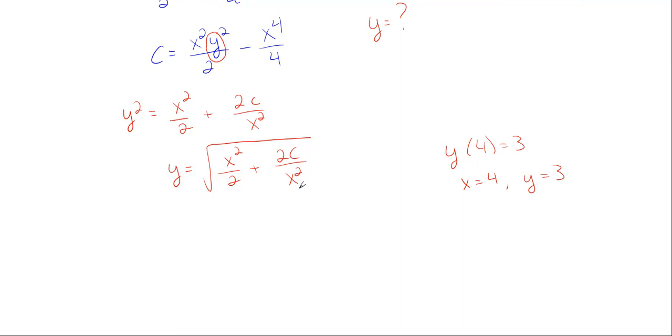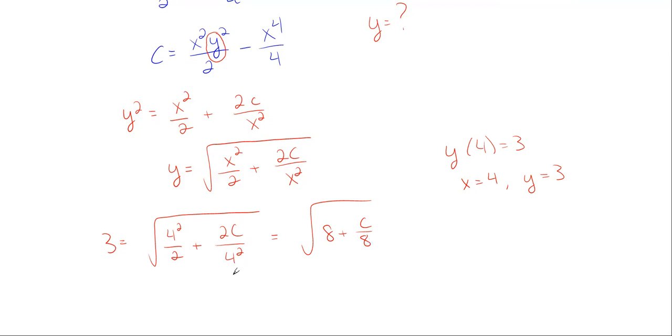So let's go ahead and plug in 3 wherever y appears and 4 wherever x appears. We would end up with 3 is equal to the square root of 4 squared over 2 plus 2C over 4 squared, which gives me the square root of 8 plus C over 8.